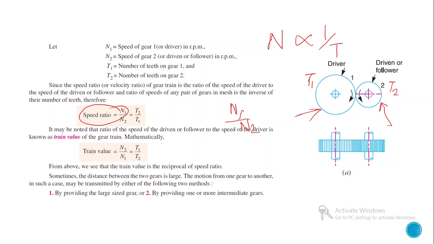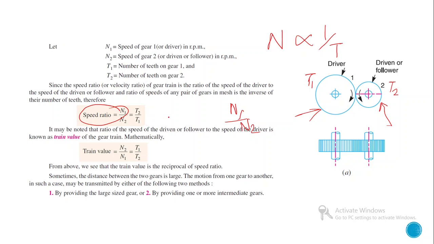RPM, or rotations per minute, or rotations per second, RPS, is always inversely proportional to the number of teeth. Then speed ratio is equal to N1 by N2, the speed of the driver gear divided by the speed of the follower gear, and that must be equal to T2 by T1.